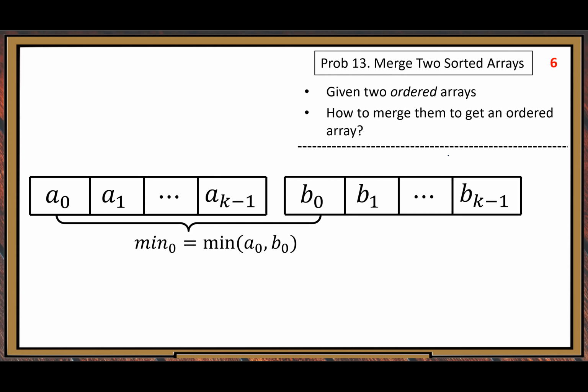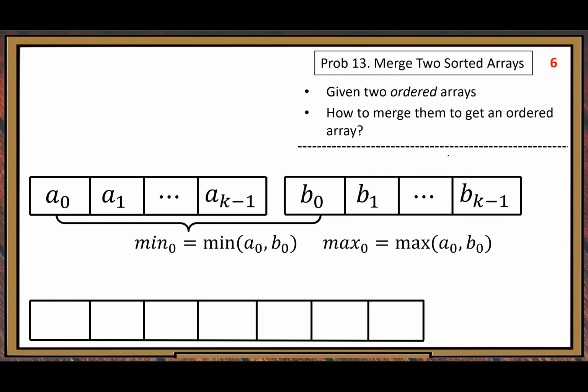That element should be the first one in the final ordered array. Then the maximum, max 0, the max of A0 and B0, we do not know its position. We know the position of min 0, the first one in the final ordered array, but we do not know the position of max 0. We will find its position later.